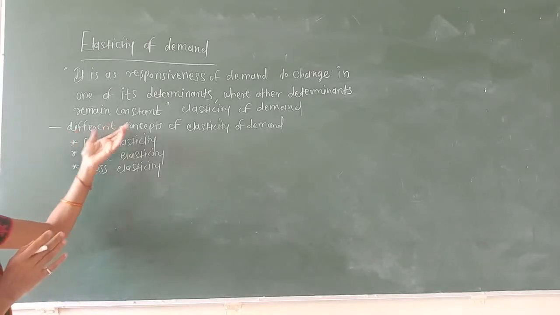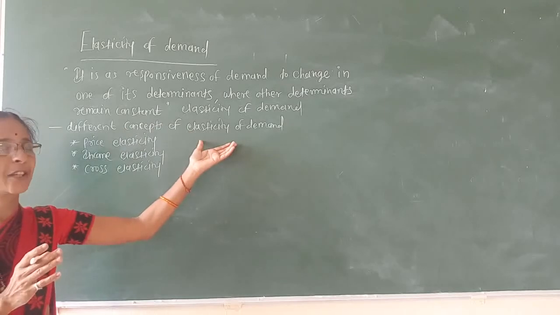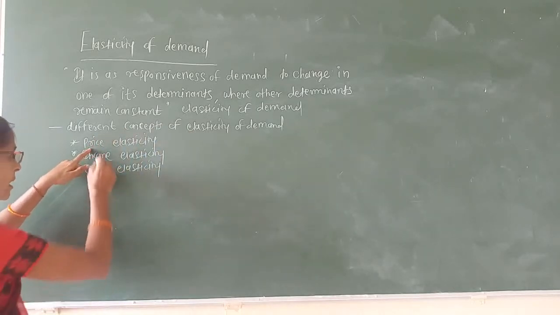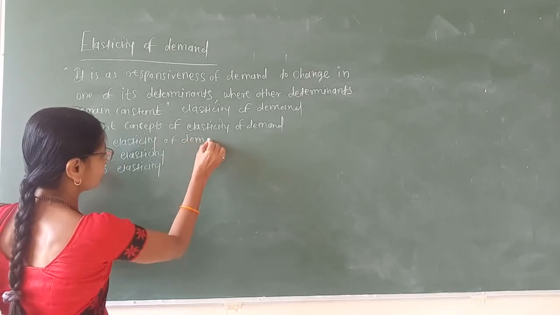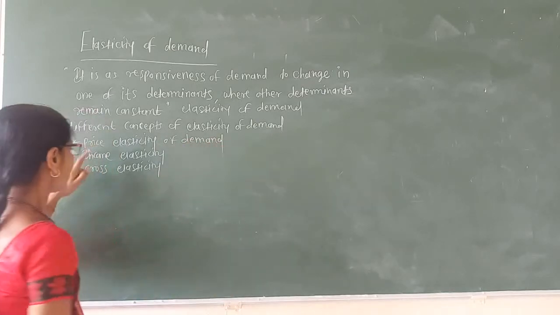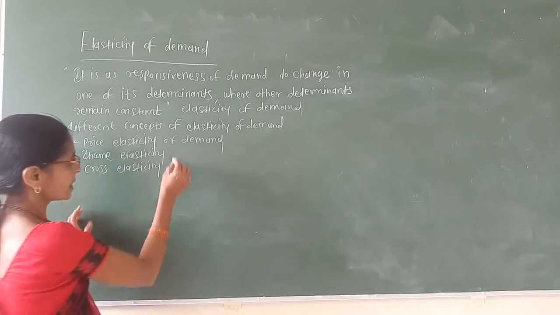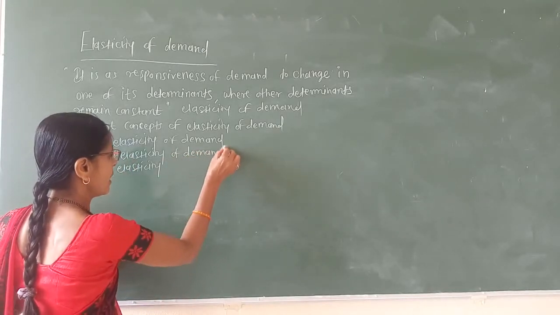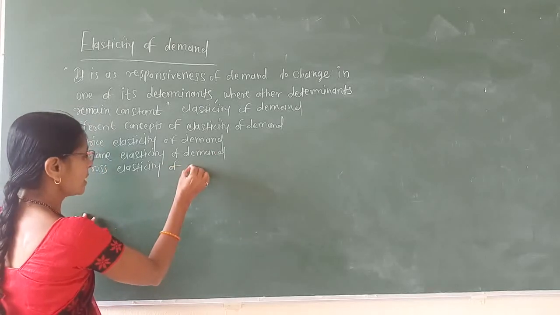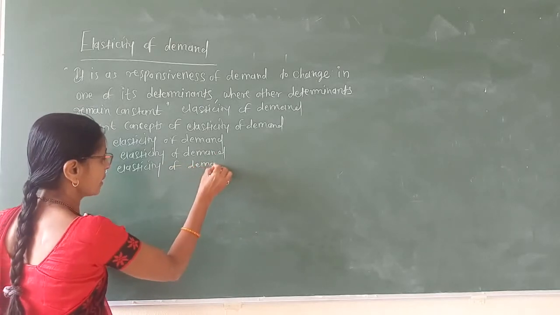So there are different concepts of the elasticity of demand. The first one is the price elasticity of demand. The second one is the income elasticity of demand. And the last one is the cross elasticity of demand.